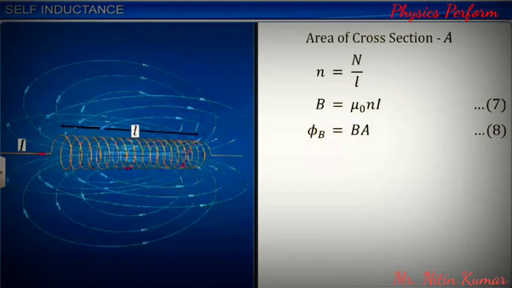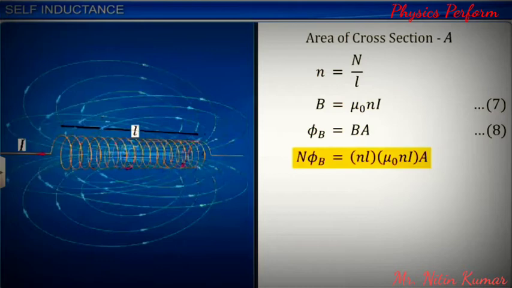Using equation 7 and equation 8, we get the total flux linked with the solenoid, NΦB = NL into μ₀nI into A. Simplifying the expression, we get NΦB = μ₀n²ALI. Let this be equation 9.